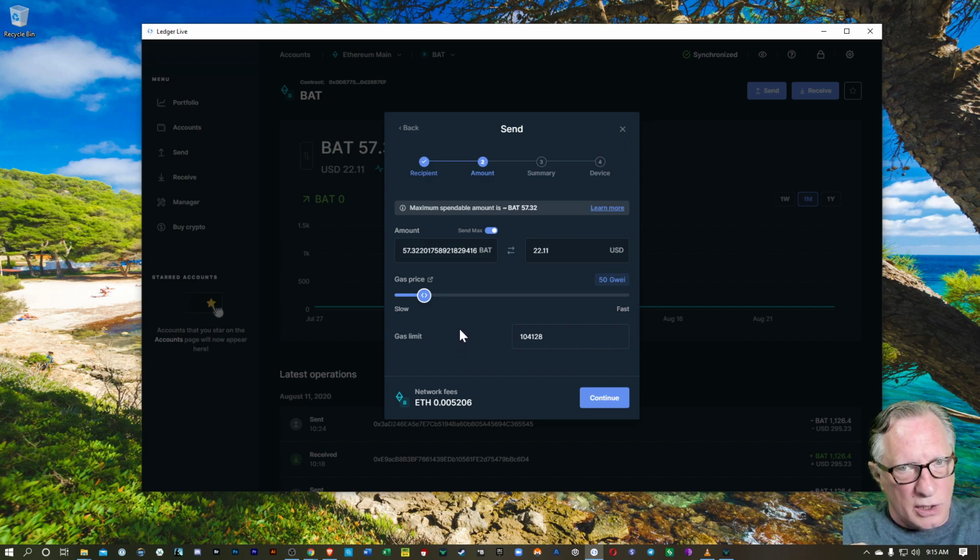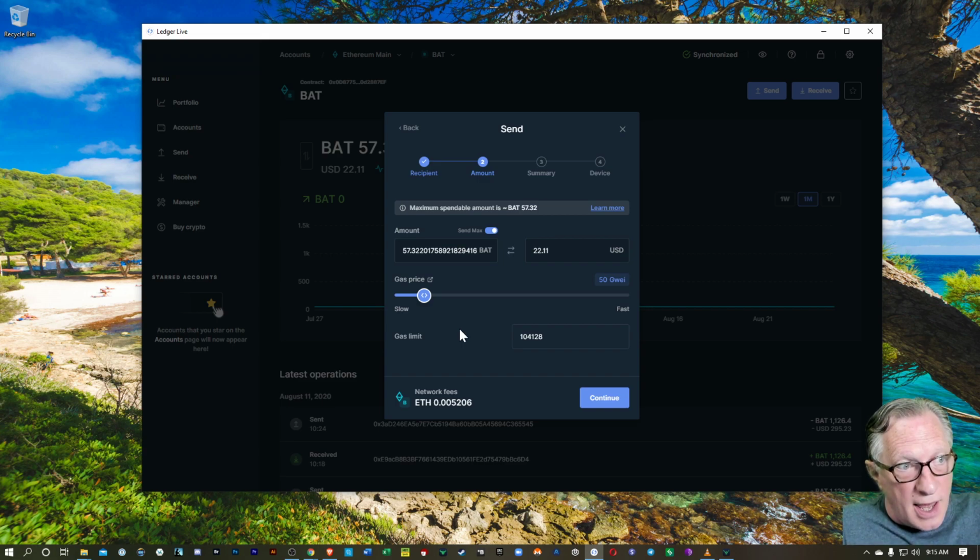Now, this particular wallet gives me fine control. There are other wallets, not so much, right? Where maybe you're purchasing using a smart contract or something, or you're sending it from a different type of wallet that doesn't give you this fine control, and you'll see that your gas prices are very high.